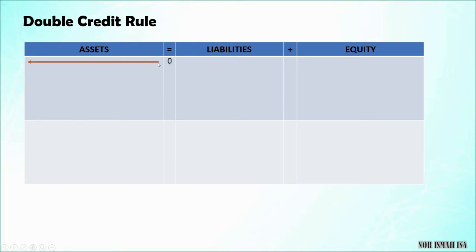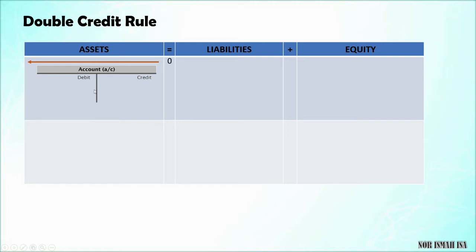Then, when the arrow goes to the left side, it means the amount of asset is increasing and increasing. So the left side of the asset is increasing. When the amount of asset goes down to the right side, it decreases to zero. So look at this T account.